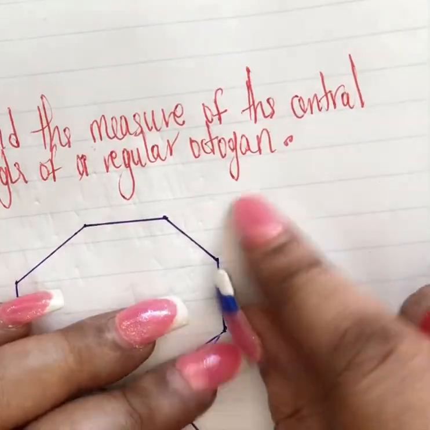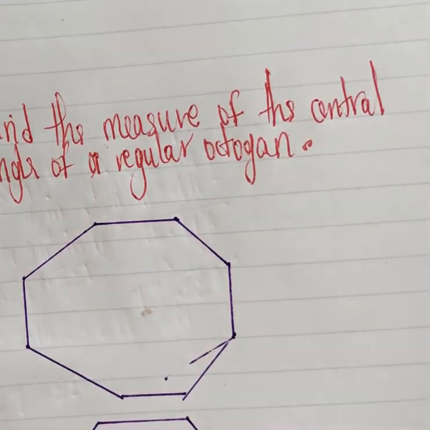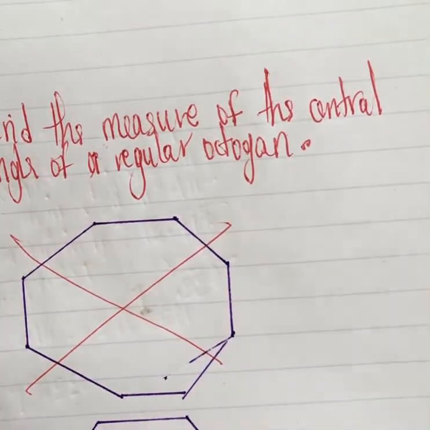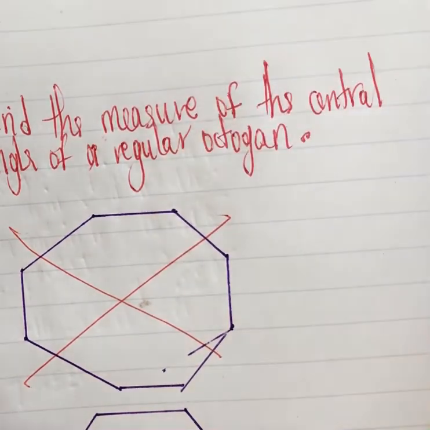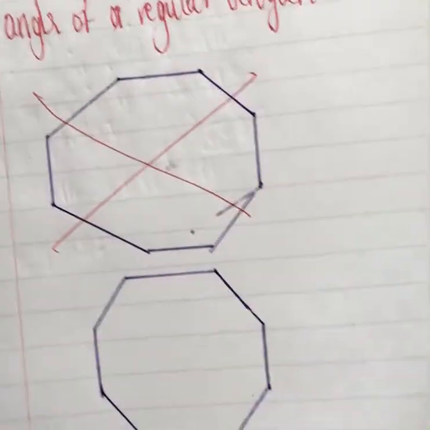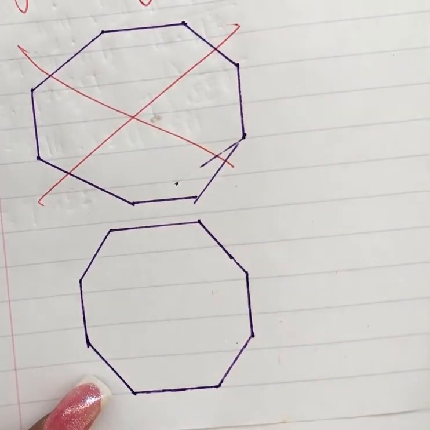It's another word problem. We would like to find the measure of the central angle of a regular octagon. Now here is my octagon. Okay?